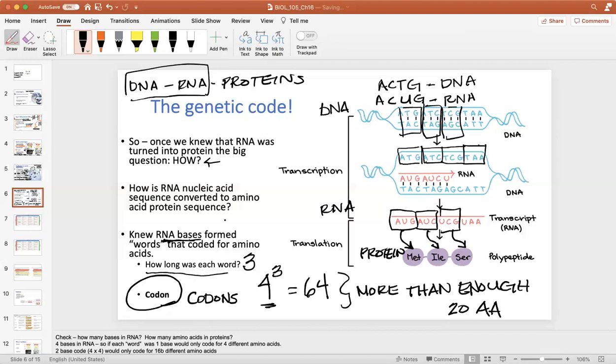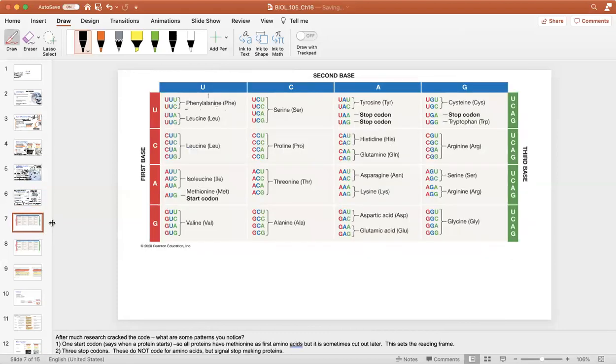Over time, what we've experimentally been able to do is to figure out exactly what the code is for each and every amino acid. So if you count here, there are 20 different amino acids. Let's just verify. 1, 2, 3, 4, 5. Don't count that. 6, 7, 8, 9, 10, 11. Don't count that. 12 through 23.